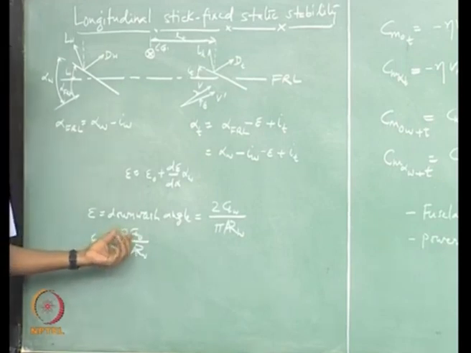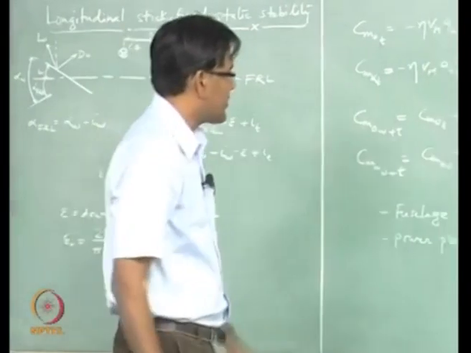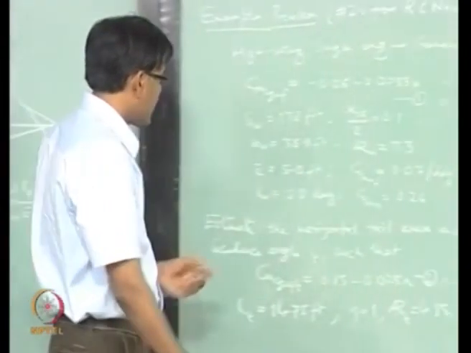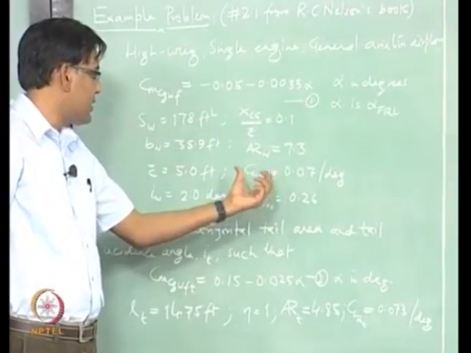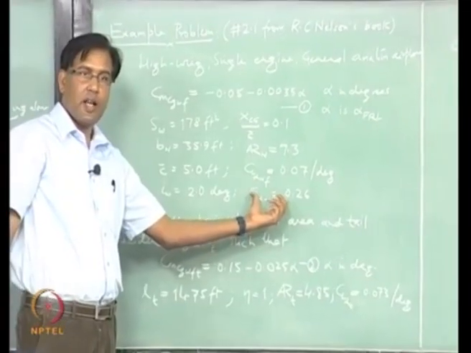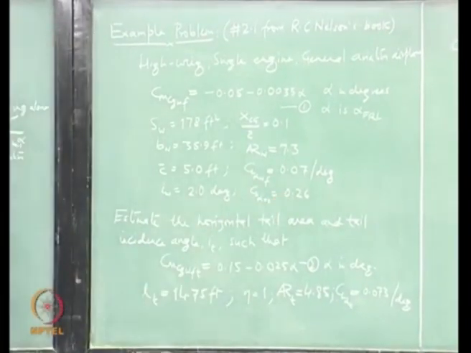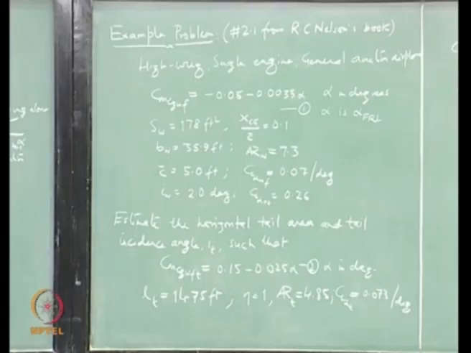The lift contribution is mainly coming from the wing, right, and very little from the fuselage. So therefore we can take this as the total lift coefficient of the wing.